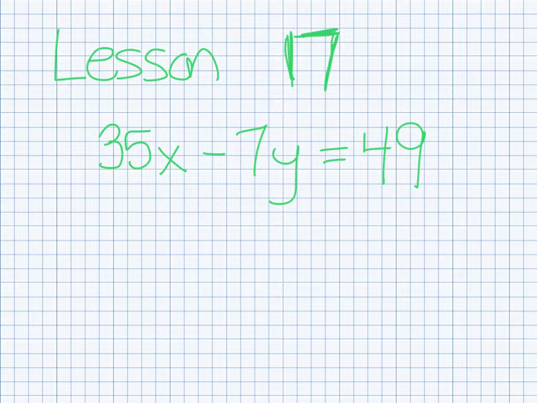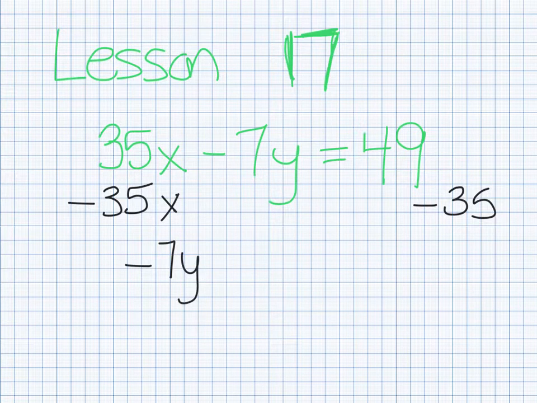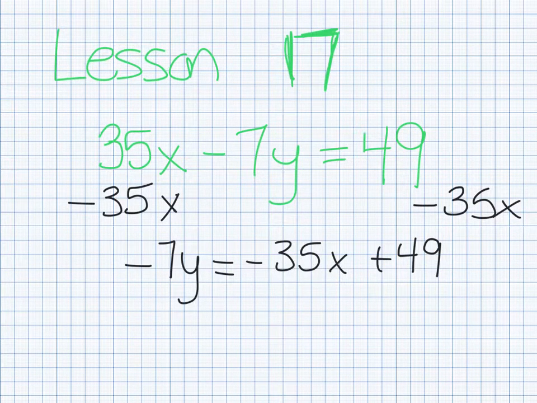To take this equation from standard form into slope-intercept form, the first thing we want to do is move the x value over to the right-hand side. So that gives me minus 7y equals minus 35x plus 49. The x value has moved from the left where it currently was over to the right.